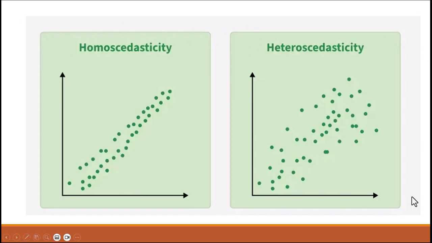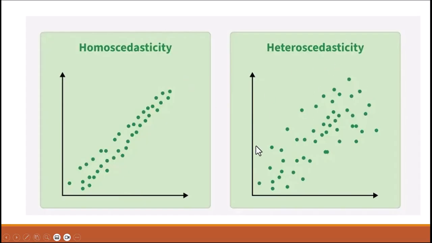Here is an example of homoscedasticity and heteroscedasticity. As you see in this picture, by increasing the independent variable x, the variance, or the spread of the difference between the actual values and the predicted values, or the error terms, did not change, and is constant.